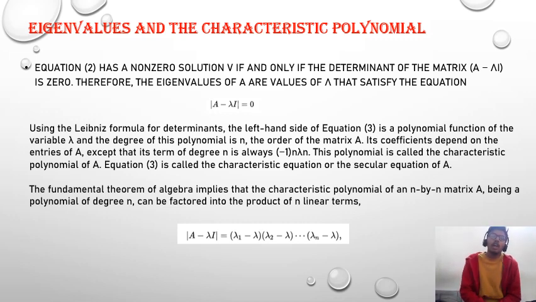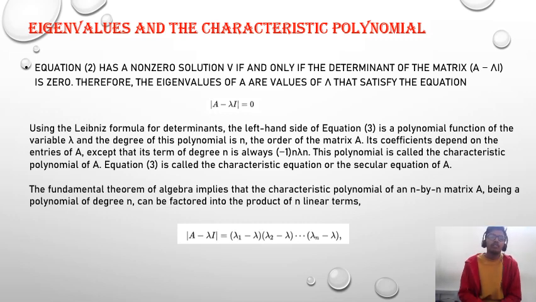Eigenvalues and the characteristic polynomial: the equation has a non-zero solution v if and only if the determinant of the matrix A − λI is 0. Therefore, the eigenvalues of A are the values of λ that satisfy the equation det(A − λI) = 0.